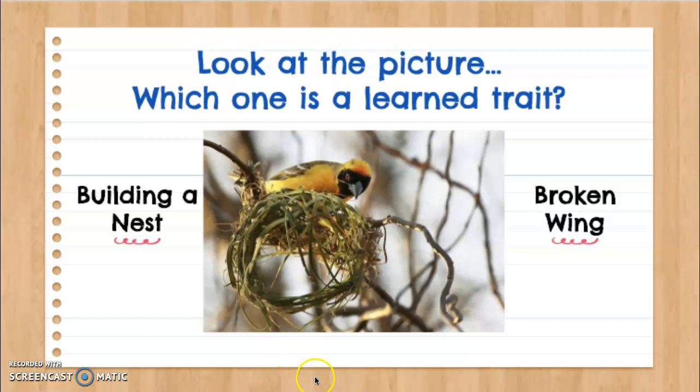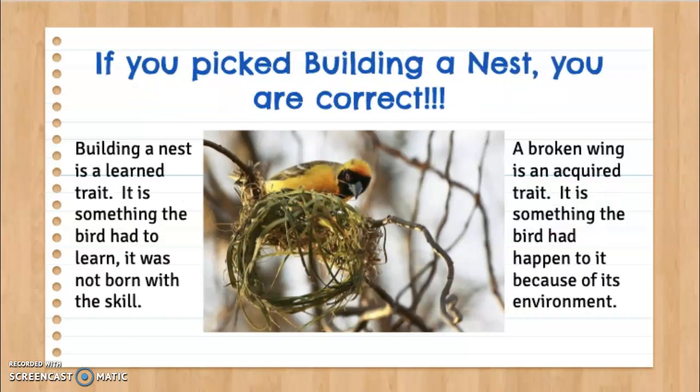Let's look at another one. I see a bird here. I wonder which one is a learned trait. Building a nest or a broken wing? If you picked building a nest, you are correct. Building a nest is a learned trait. It is something that the bird had to learn.